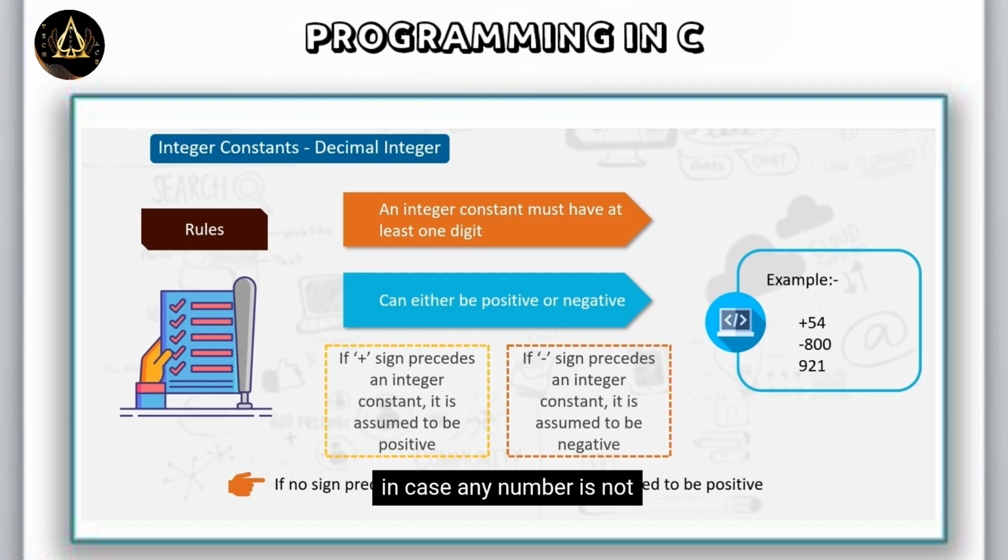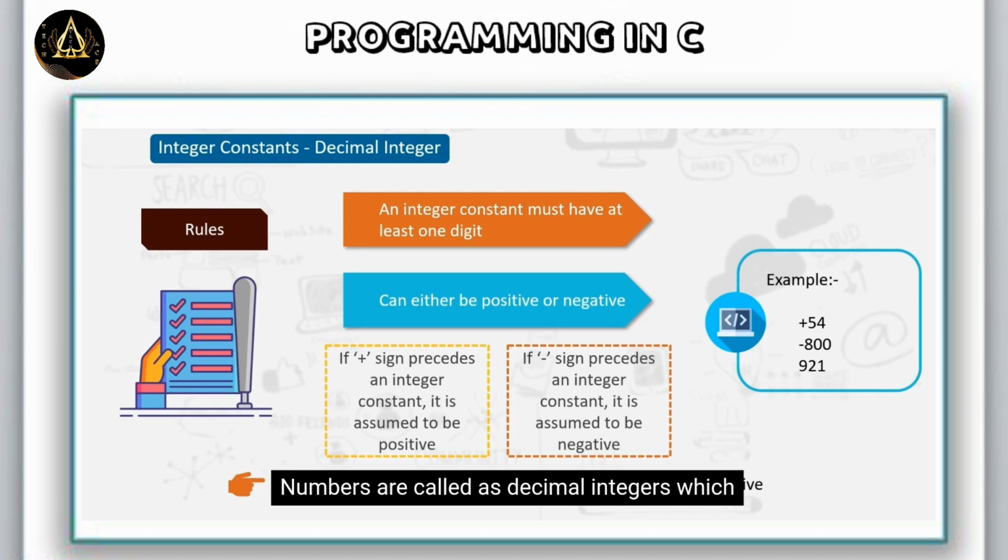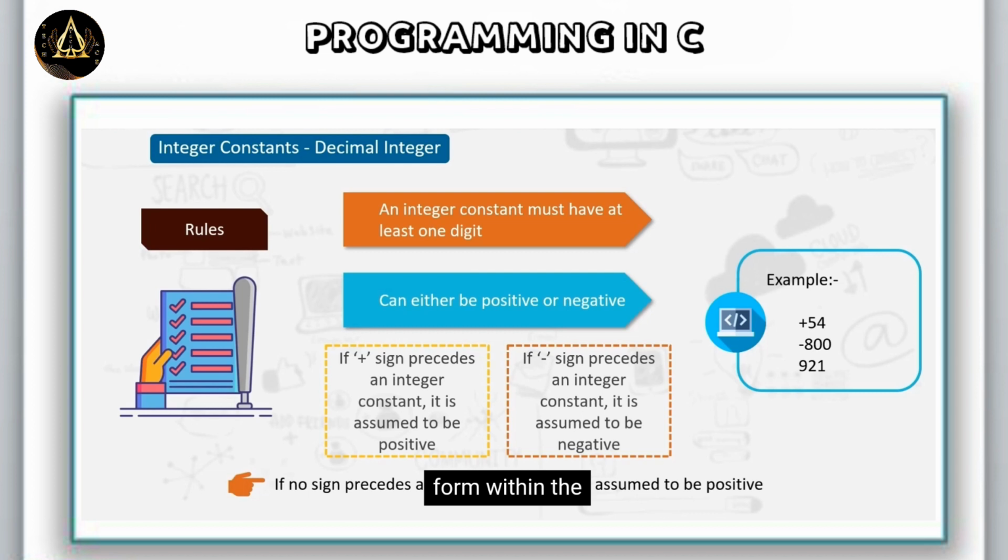But in case a number is not preceded by a positive or a negative sign, it is considered to be a positive integer constant by default. Such numbers are called decimal integers, which are formed within the combination of 0 through 9 digits.